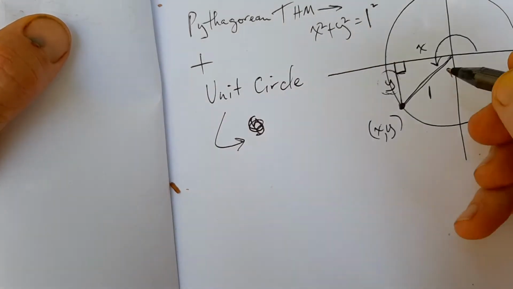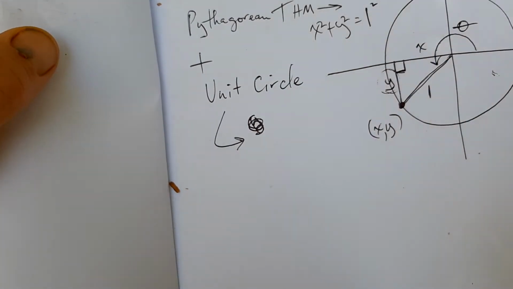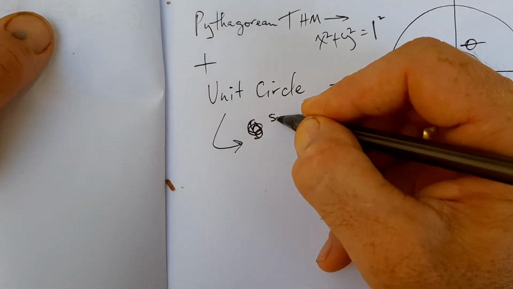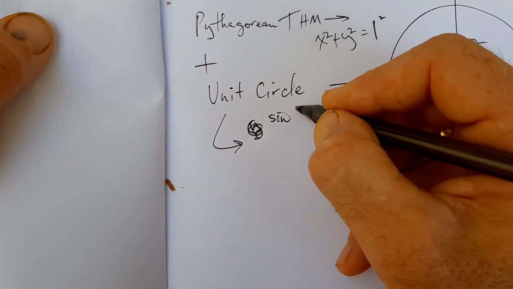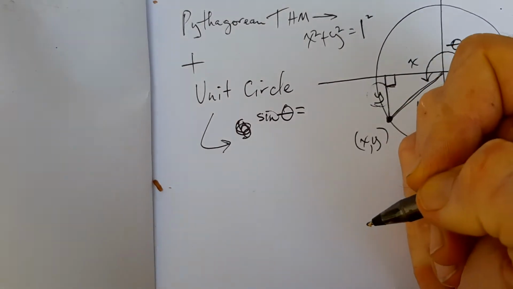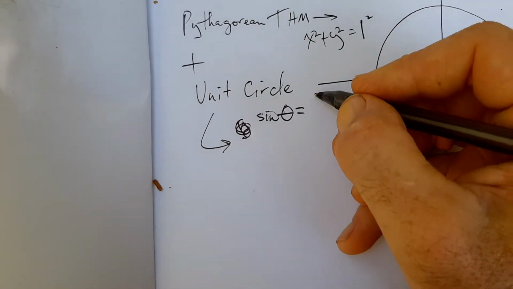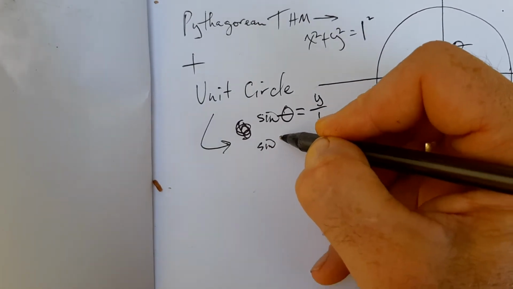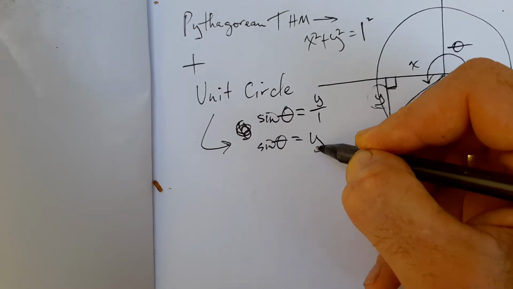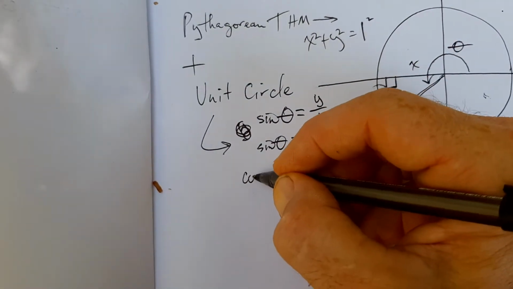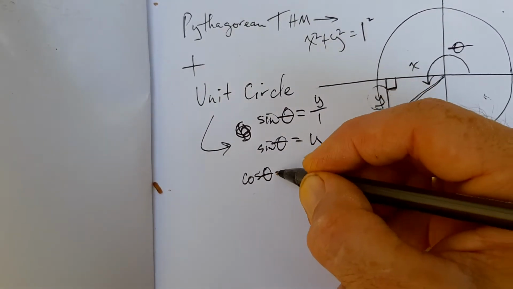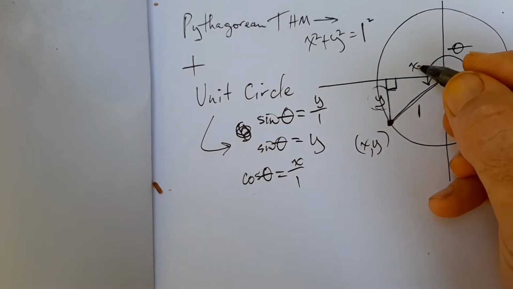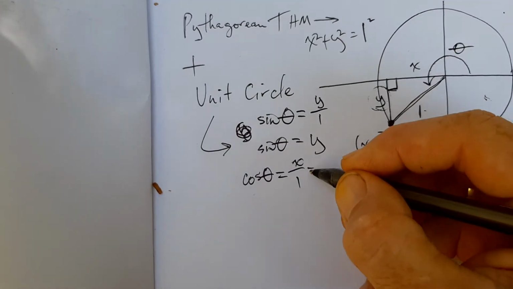So we got theta, right? So let's say sine first. Sine of theta equals opposite over hypotenuse, y over 1. So sine theta equals y. And then cosine of theta equals x over 1, right? Adjacent over hypotenuse equals x.